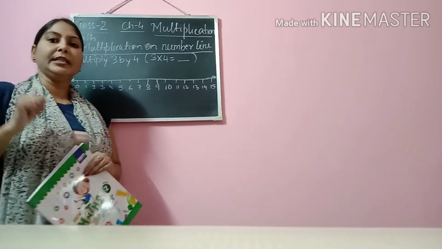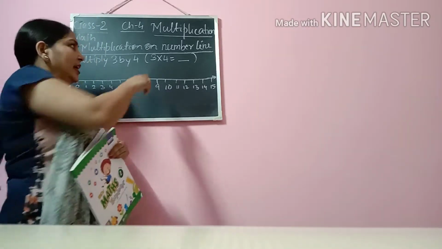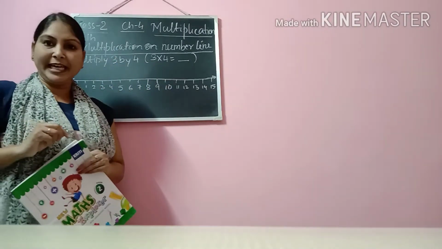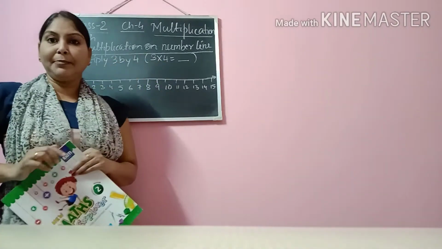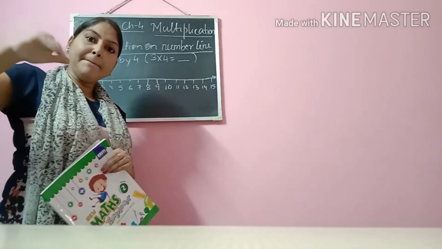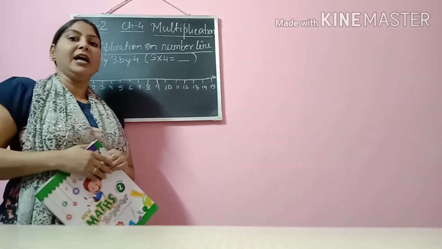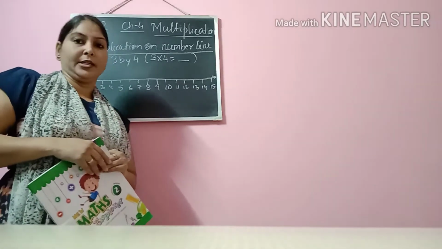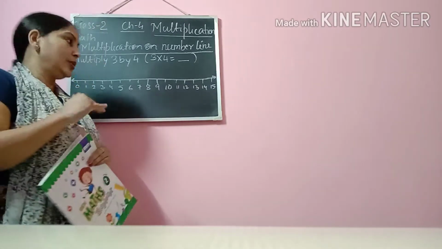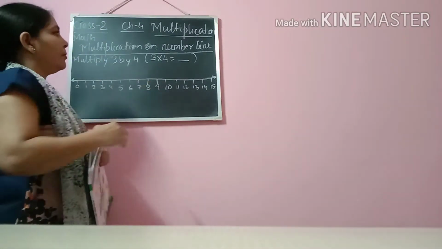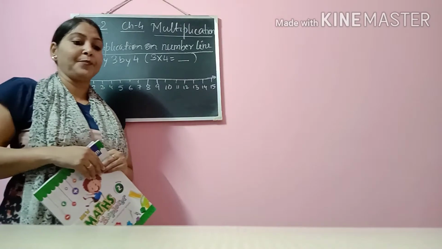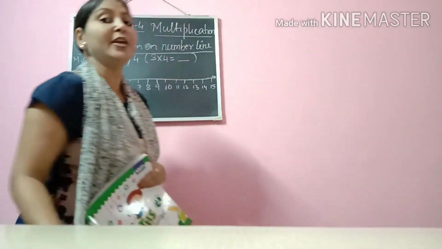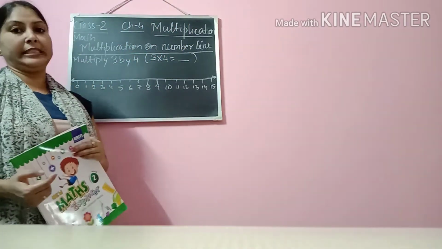In the last class we learned that 3 is the multiplicand, 4 is the multiplier, and the number which you will get as an answer will be your product. So let us do how we will do multiplication on number line. This we can do by using the skip counting concept.